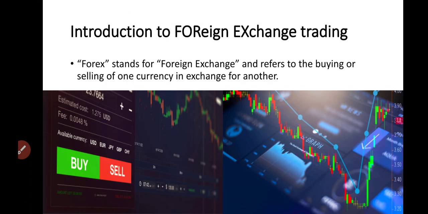This is introduction to the foreign exchange market. As I said, forex stands for foreign exchange, and it refers to the buying and selling of one currency in exchange for another. That is what is meant by forex trading.